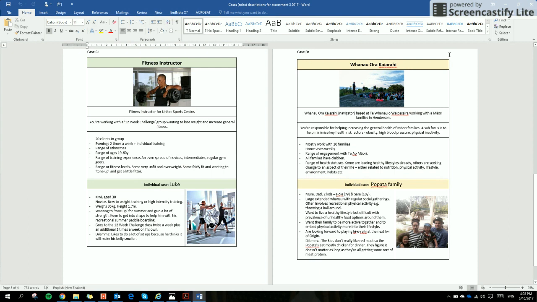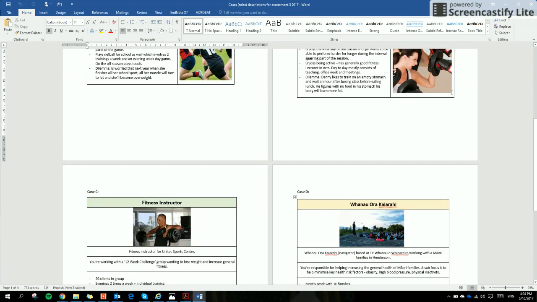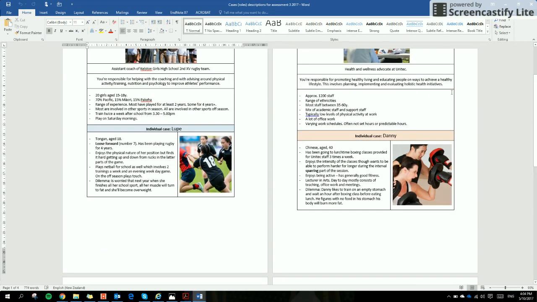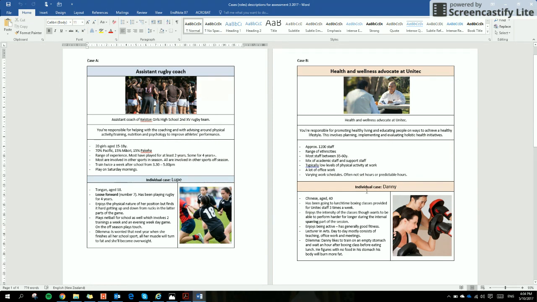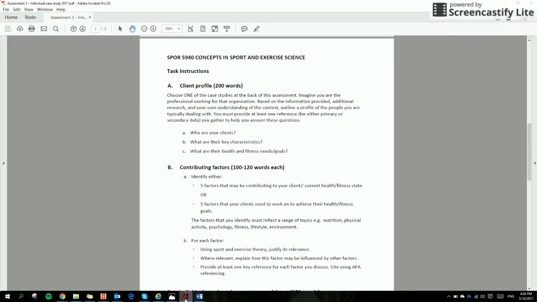So that's like someone who works in the community and works with families, and tries to just help with their general health and well-being. So you are whānau ora kairahi, working particularly with Māori families in Henderson. So they are your 4 options. They're all quite different, but hopefully within there is something that is appealing to you, one of those roles. The first thing you need to do is to choose one of those roles to do this task A about.